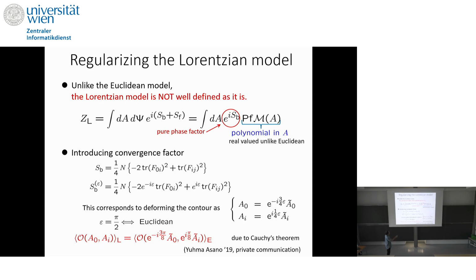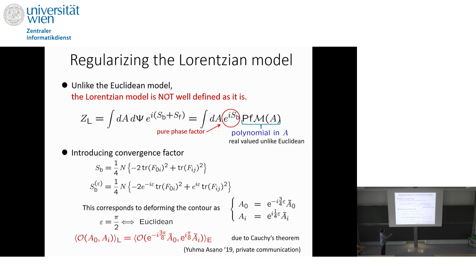But the point here is that if you take the absolute value of the integrand and just do the integration, obviously you get divergence. That's what I mean by it's ill-defined. It's not absolutely convergent. But of course, you can make this convergent rather easily by introducing a convergence factor like this. Since we have this bosonic action, we have a minus sign because of the Lorentz signature, so this is not positive definite as it stands.